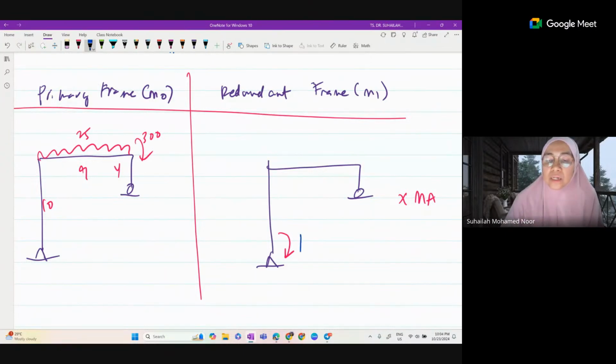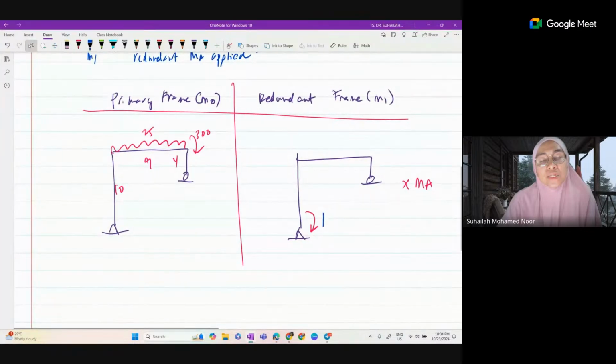So this is a unit value of MA. The redundant frame is just a determinate frame without any loads, like the virtual frame, but this time with a unit value of MA.